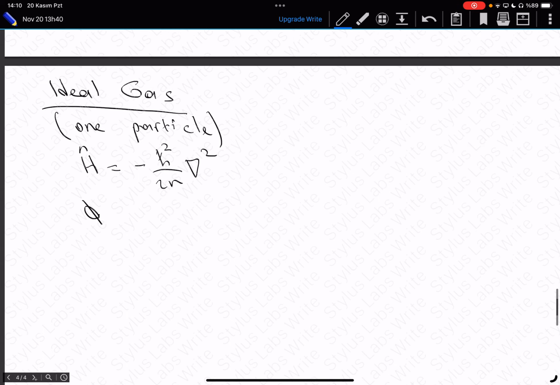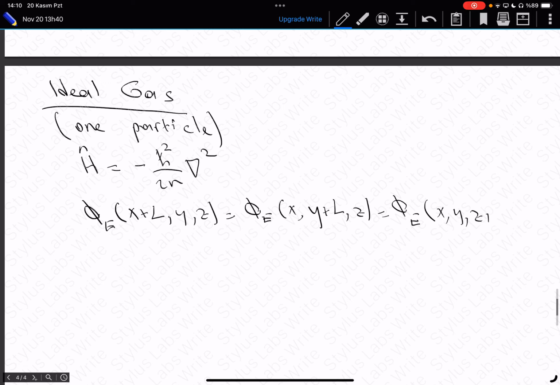The wave functions corresponding to a given energy, well, I will use the periodic boundary conditions: phi E of (X plus L, Y, Z) is equal to phi E of (X, Y plus L, Z), equal to phi E of (X, Y, Z plus L). So if you just move by L in any direction, it should repeat itself.